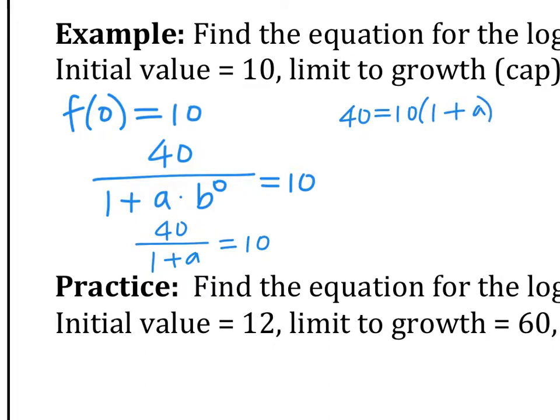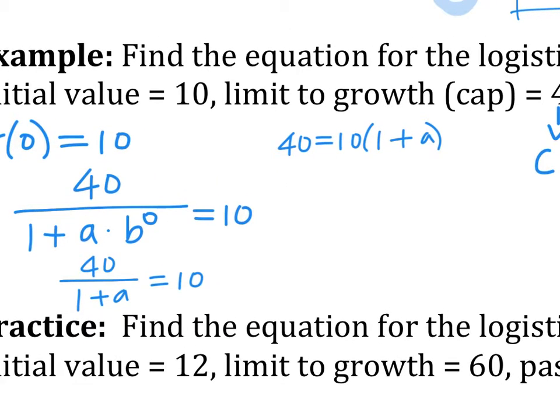All right, I'm pretty sure you guys can solve this now. Go ahead and figure out what A is. Actually, before you solve for A, there's a faster way to solve it and there's a slow way to solve it. The slow way is to distribute the 10. The fast way is to divide by 10.